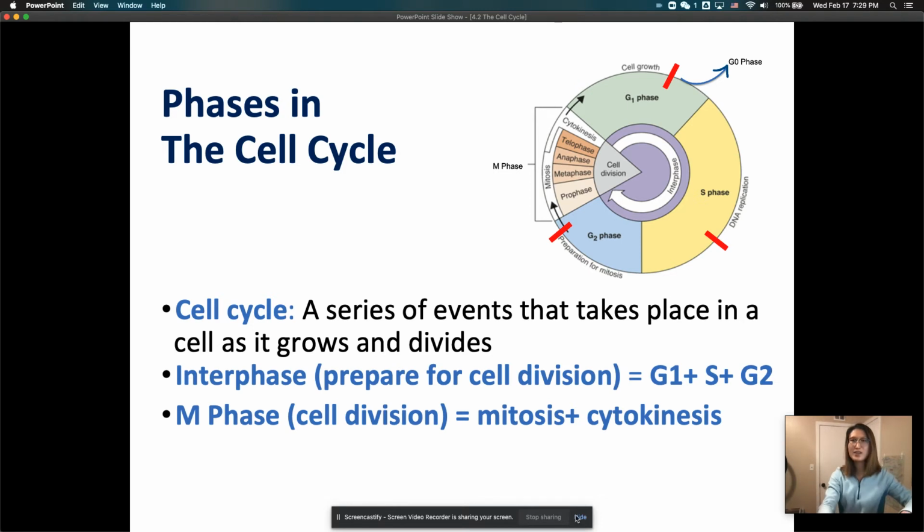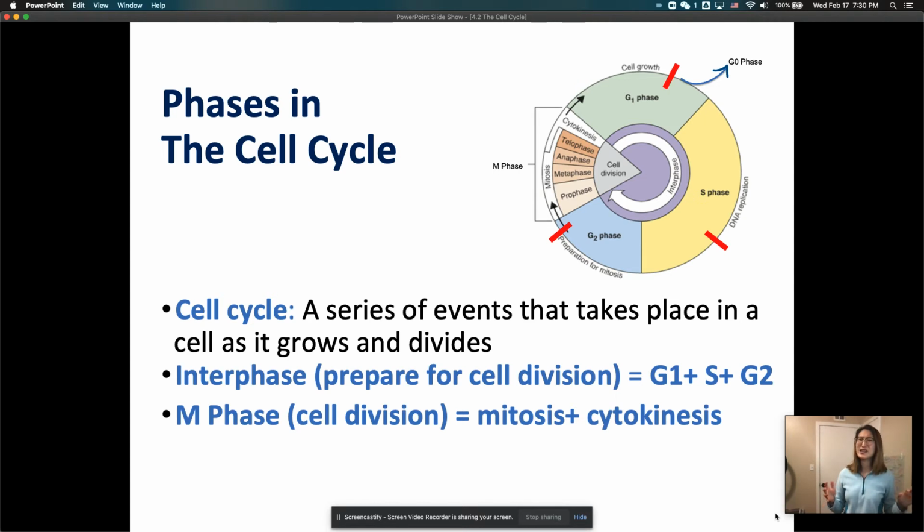So here's the thing. A cell's not always dividing, right? You might have known that neurons don't divide very frequently, which is why if someone gets a concussion, unfortunately, it takes them much longer to heal, compared to something that is visible, right? If you just break your skin, it's fine.